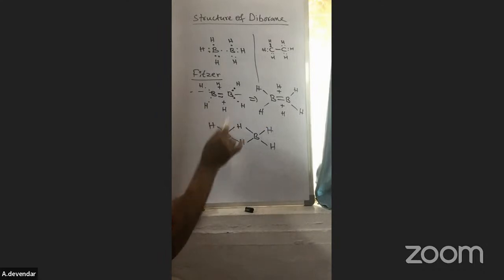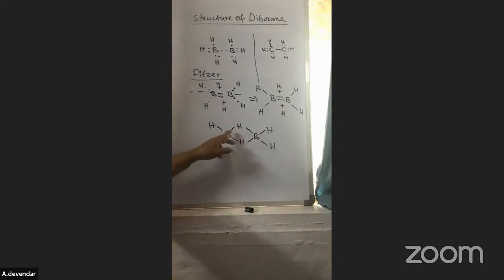This bond indicates two electrons. 1, 2, 3, 4, 5, 6, 7, 8. Each electron is bonded with that one. Here four electrons, here two electrons, six electrons. This six, twelve electrons in total, when it is a bridge type structure.